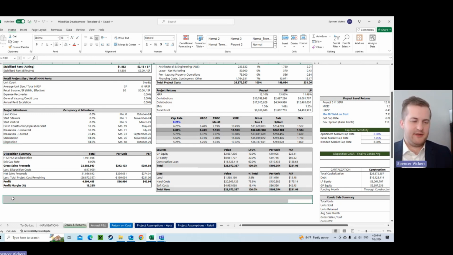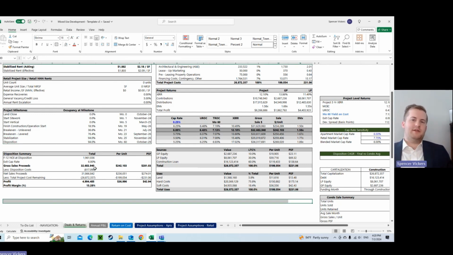But generally speaking, if a sponsor comes to you and you have a feeling when you get their underwriting package that they're being conservative, based on the market and based on your research, that's a pretty good indication that might be someone that you want to partner up with.